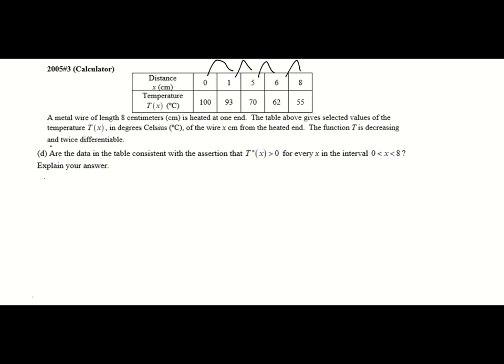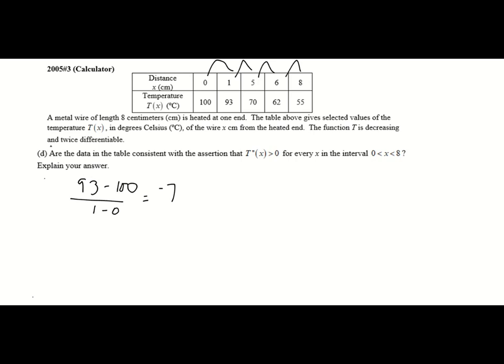So the first slope that I could approximate would be between the first two times or distances in the table. So y2 would be 93 minus y1 would be 100 divided by 1 minus 0. And that would equal negative 7.